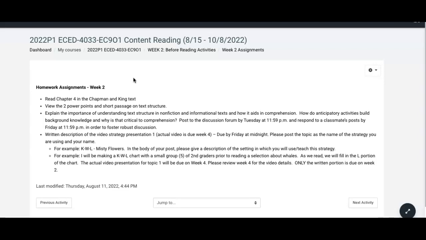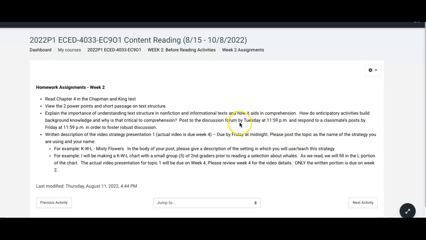You're going to be explaining the importance of understanding text structure in nonfiction and informational texts and how it aids in comprehension. How do anticipatory activities build background knowledge, and why is that critical to comprehension?